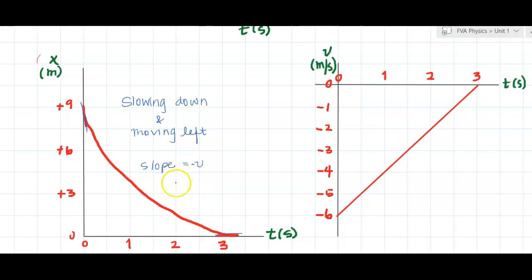And so it's moving to the left or moving in the negative direction. Over here on my velocity graph, I see the same thing, that for all the time, it has a negative velocity, but all the time, it is decreasing in its speed. So it's also slowing down and moving to the left.